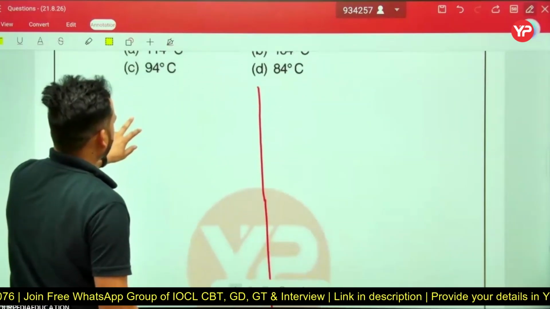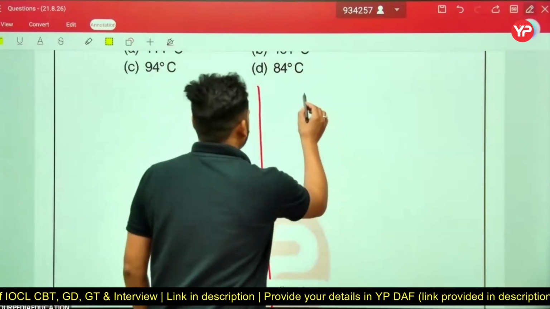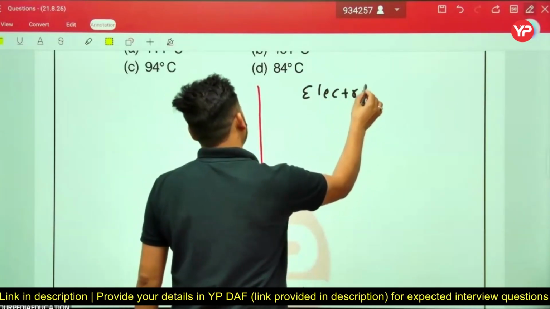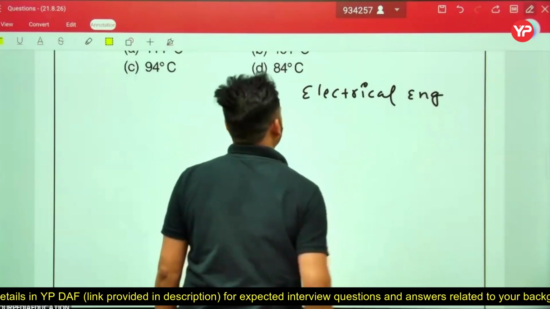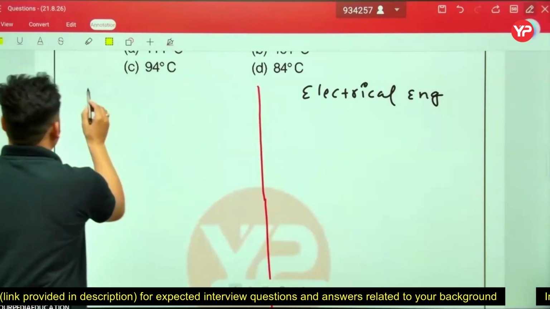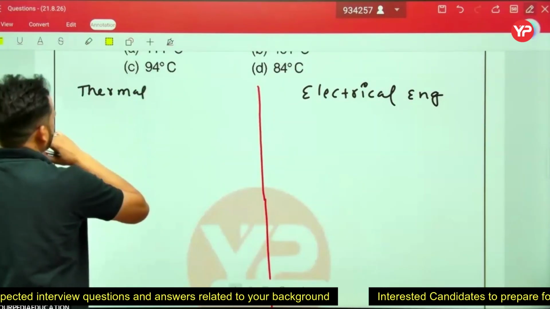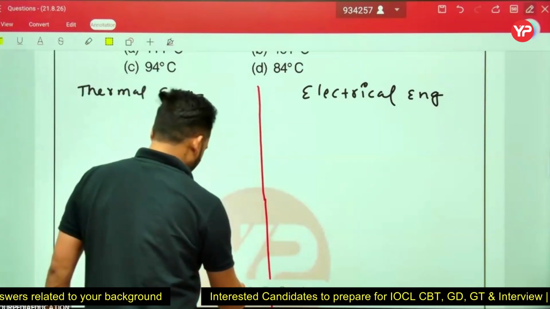See, first of all, here electrical engineering, and here thermal engineering. Thermal engineering is part of mechanical engineering.